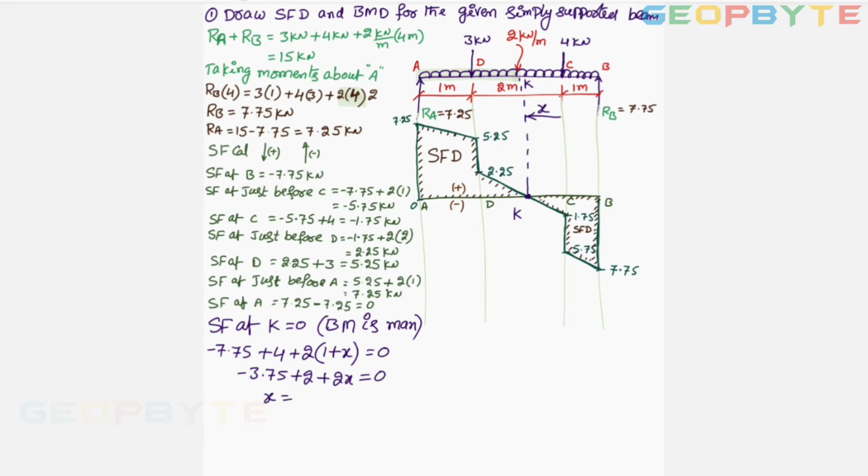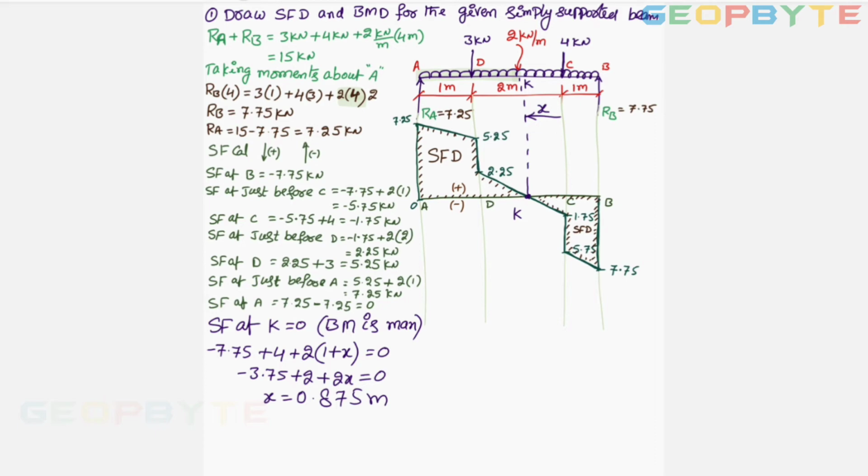The x value is 1.75 by 2. 1.75 divided by 2, value is 0.875 meters. Is it correct? Let me check it. Minus 3.75 plus 2 minus 1.75. You bring it to the other side, 1.75. 1.75 divided by 2, absolutely 0.875 meters.